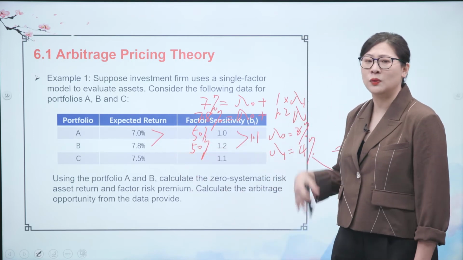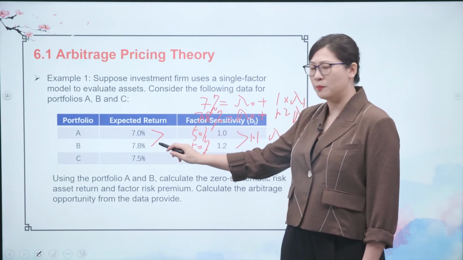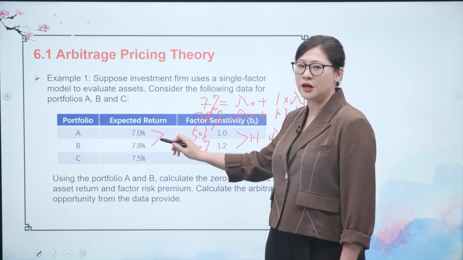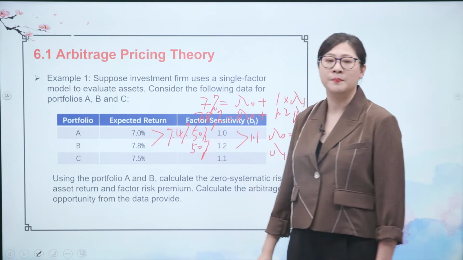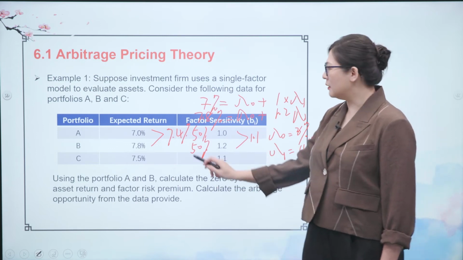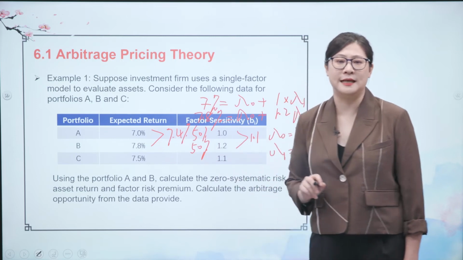We know that we invest half in portfolio A and half in portfolio B, so the expected return should equal 7.4%. Now let's compare the 7.4% with 7.5%.